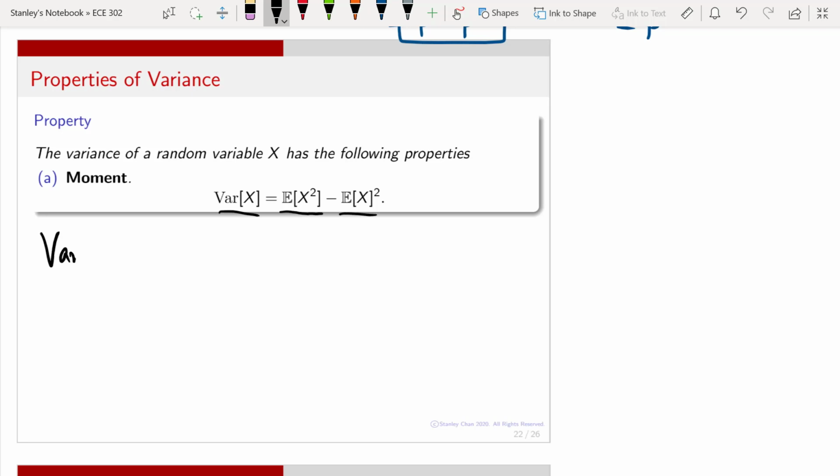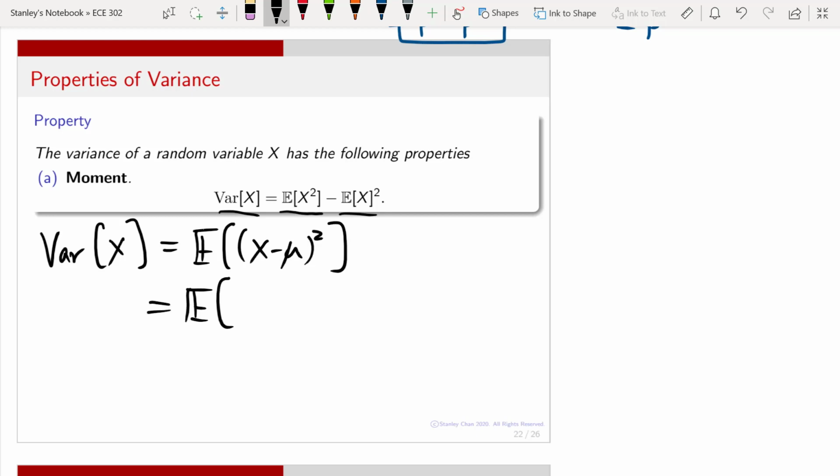Why is this true? It's true because the variance of x is defined as the expectation of x minus mu squared, which can be expanded to x squared minus 2 mu x plus mu squared.